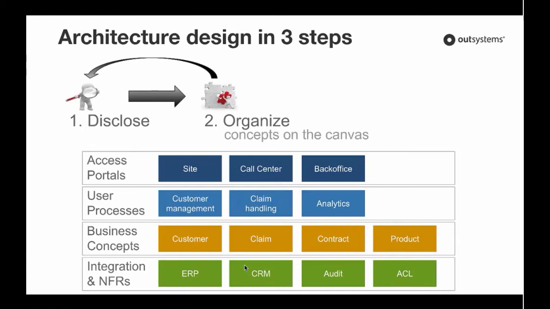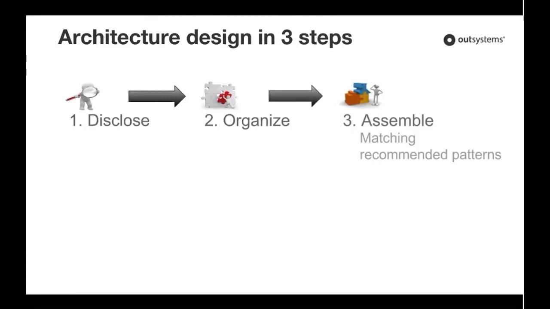That's the next step. On the next step, we need to assemble these concepts, matching some recommended patterns and understanding the nature of the concepts, how they can live together or not, if it makes sense to be together or not, if they are completely independent of each other, they can have different life cycles, and all those kind of considerations.